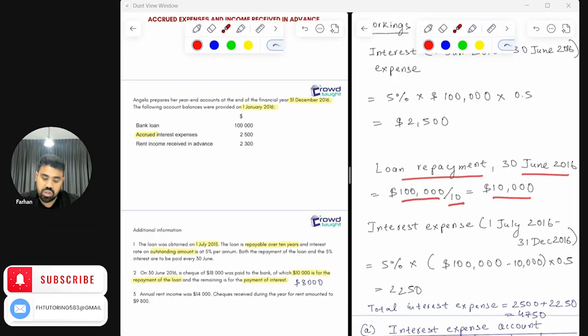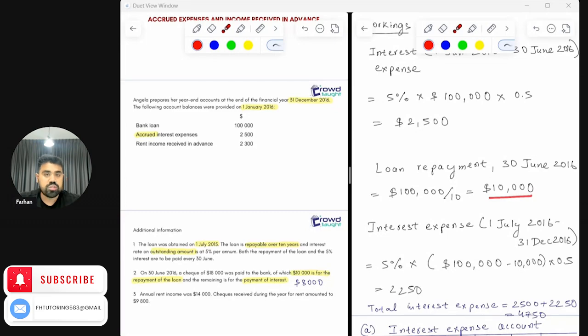That's based on the additional information which we are given, which you can see I'm circling. It mentions that the loan is repayable over 10 years. So if the loan amount is $100,000, then every year we can pay off $10,000. Okay? So $10,000 is the loan repayment on 30 June.